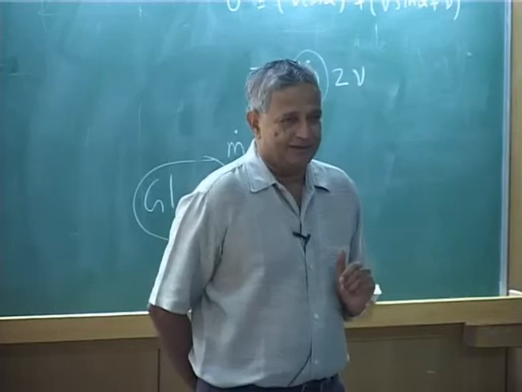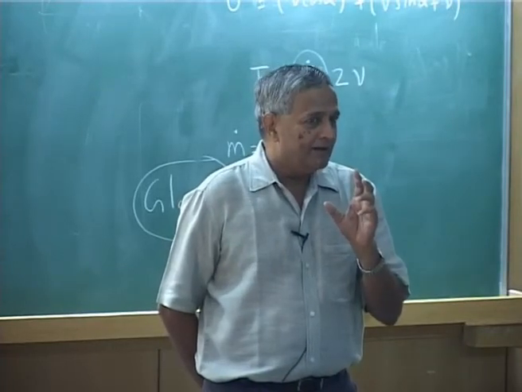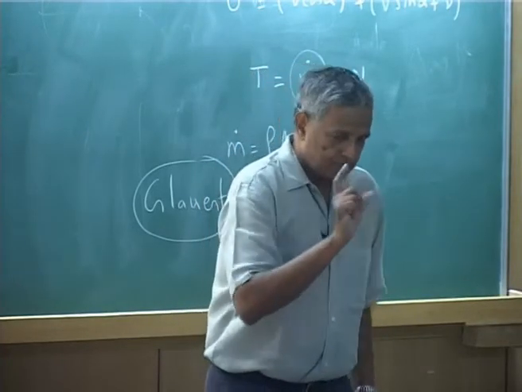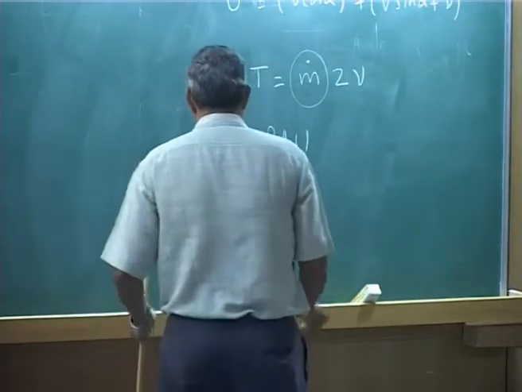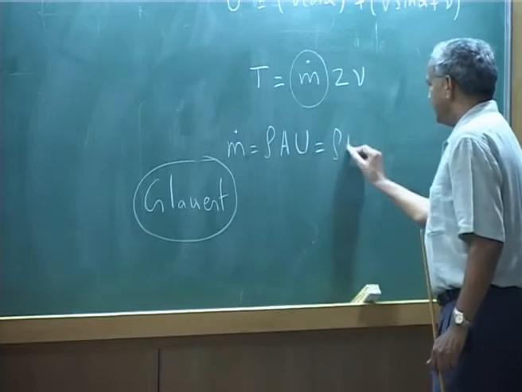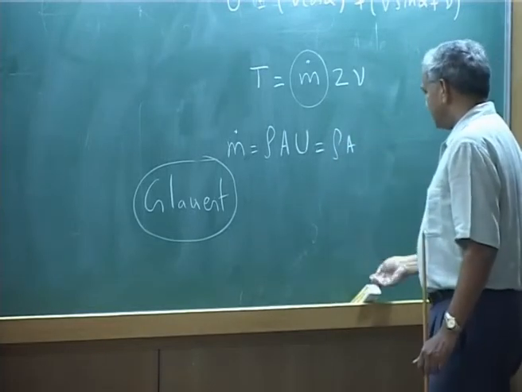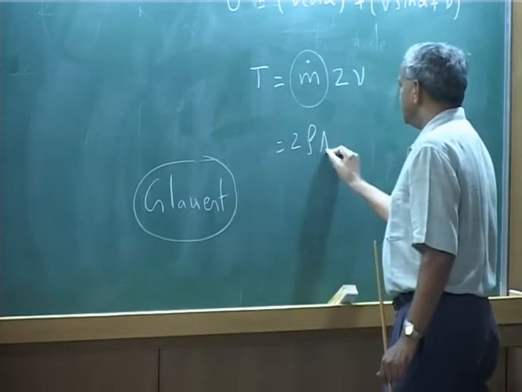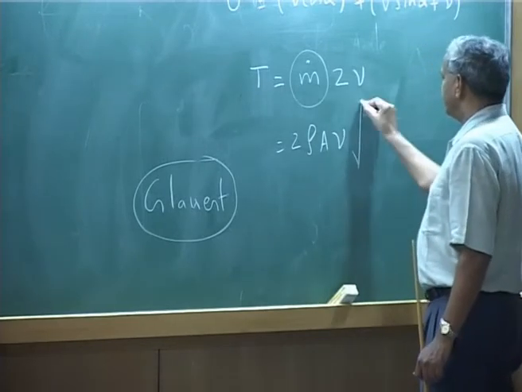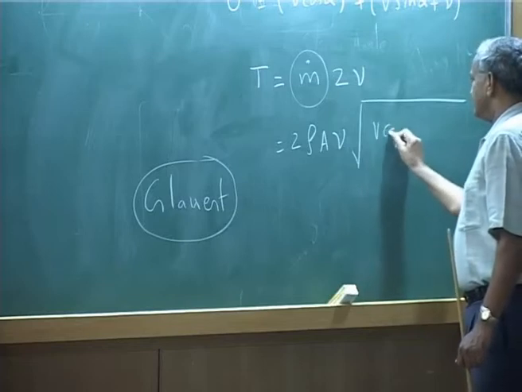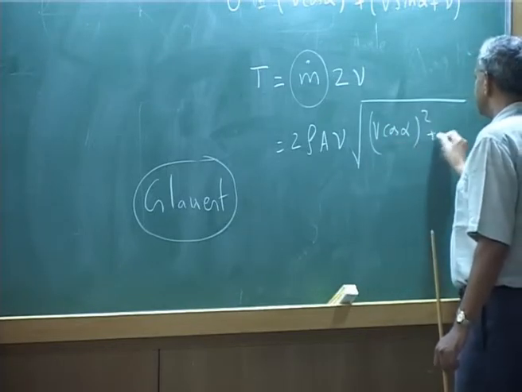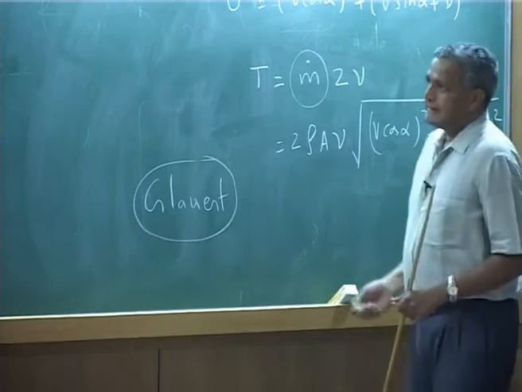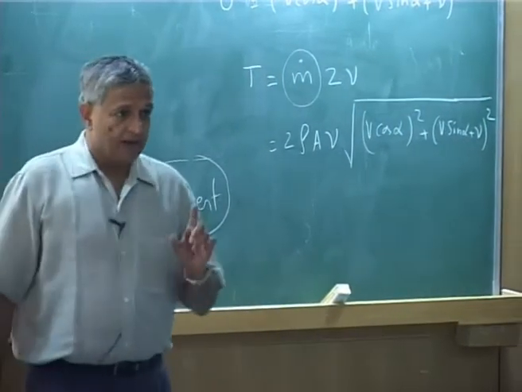I will explain later how that came. So, thrust is 2 rho A nu times the square root of (V cosine alpha) whole square plus (V sin alpha plus nu) square, okay. A is the area of the disc.